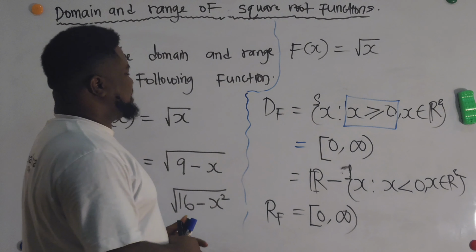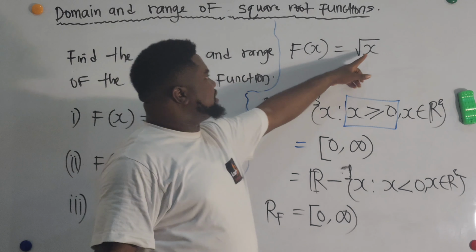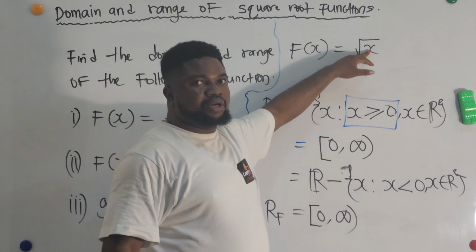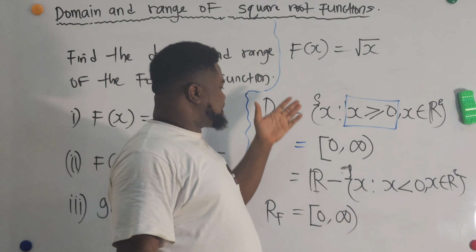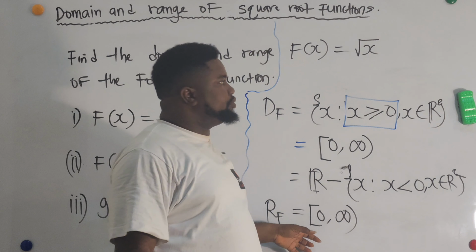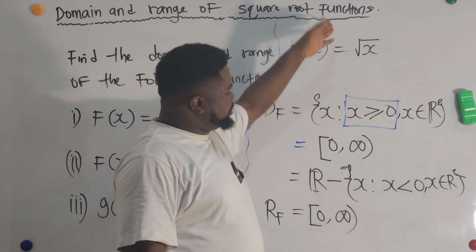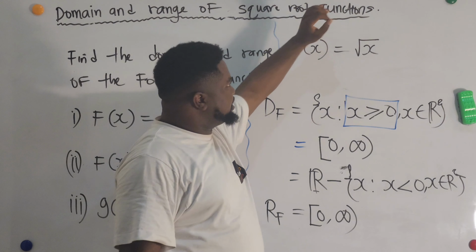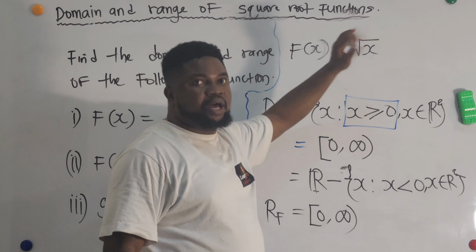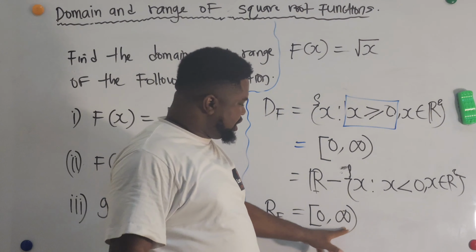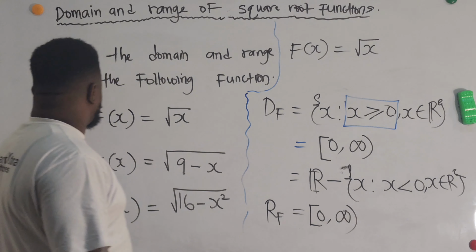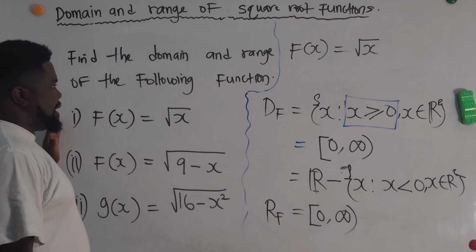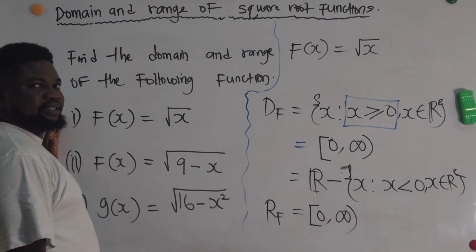That's the possible output. When x is 0, we have root 0, and that's 0. The output can be 0. Then, if you put high numbers, the output also becomes high, up to infinity. We have solved question 1. I hope it's well explained.